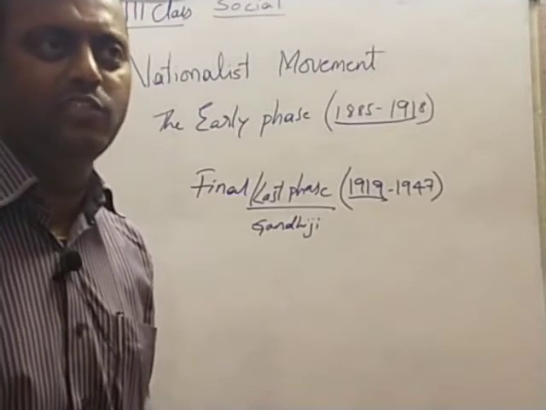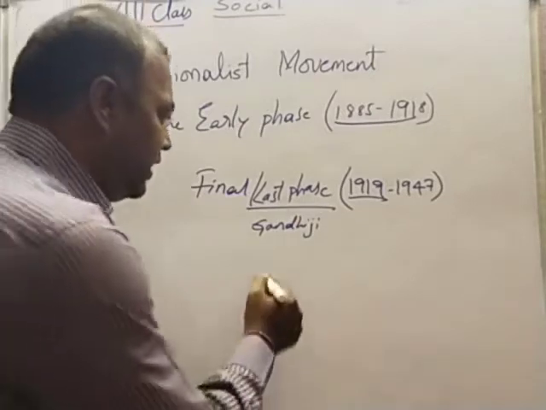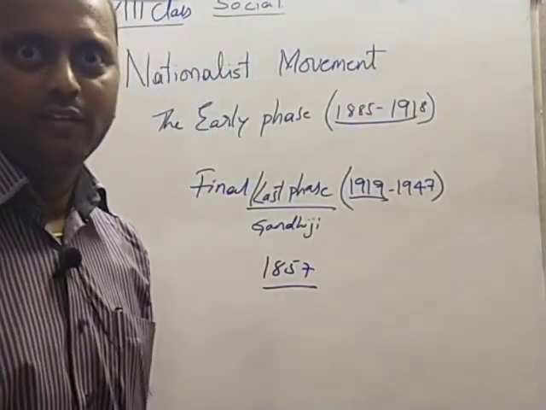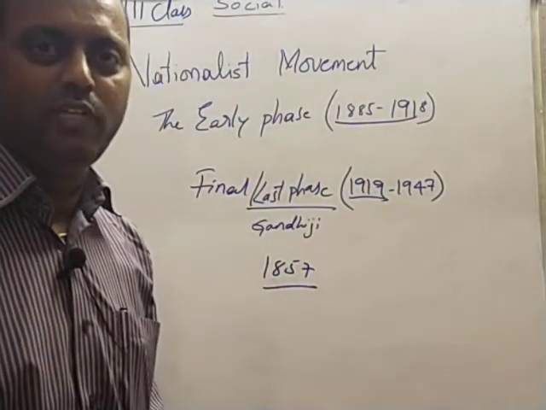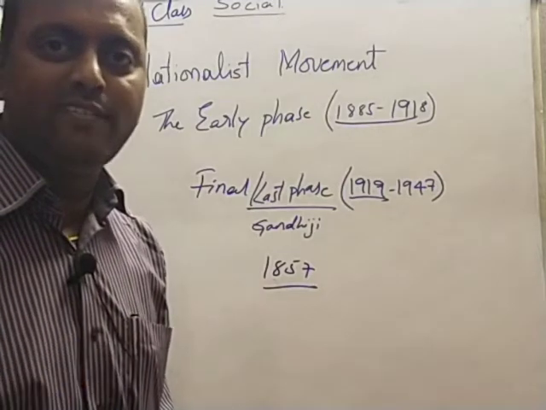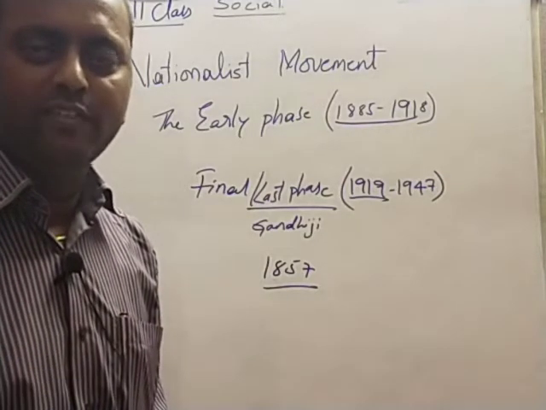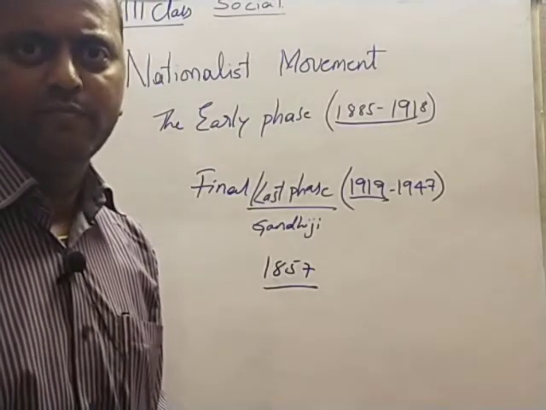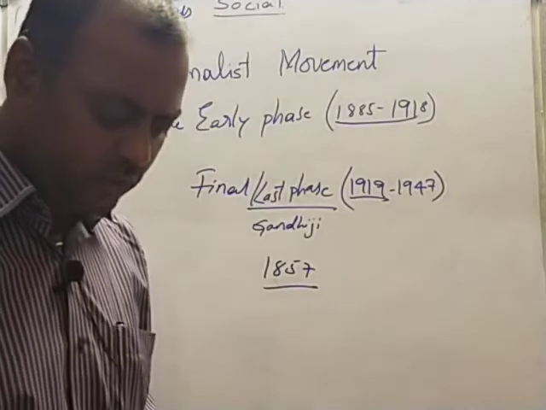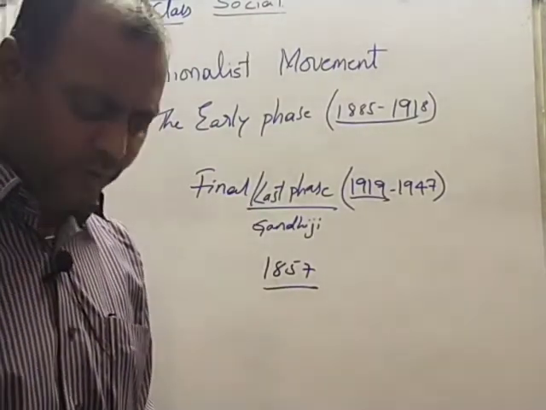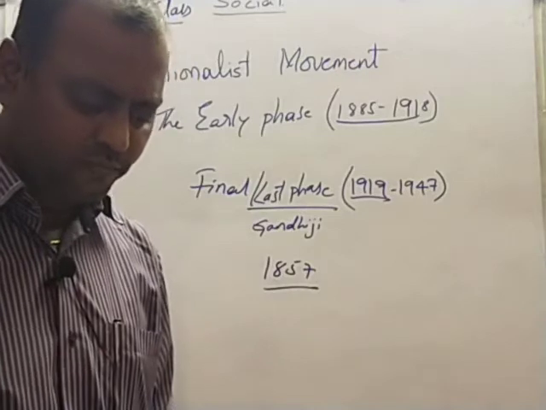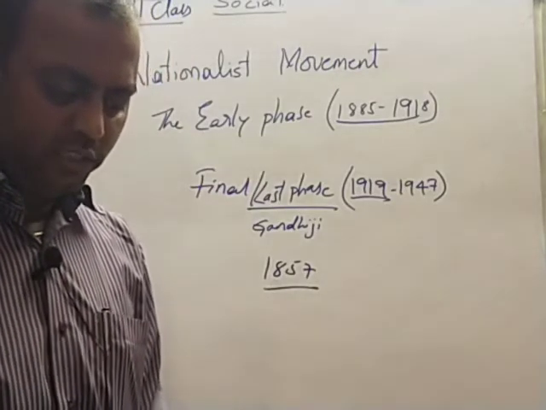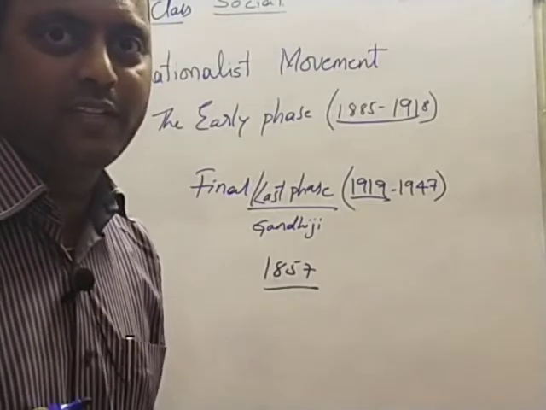In class 7th, I think, children, we have studied about the 1857 revolt. You remember? In this revolt many princes, many peasants, and even the soldiers participated. Even the landlords and many other people also participated against the British rule. While the movement was opposed to the British, it did not have any vision for the country.